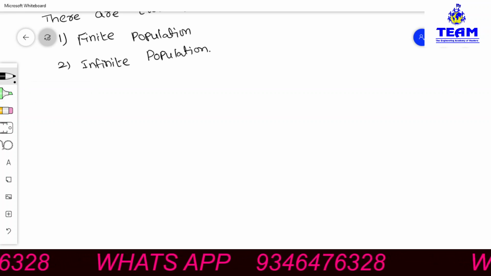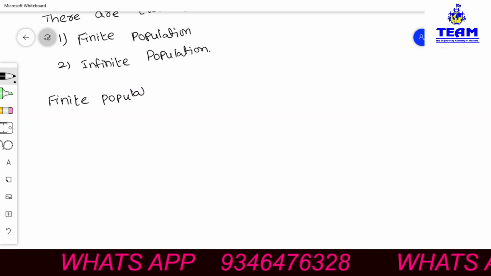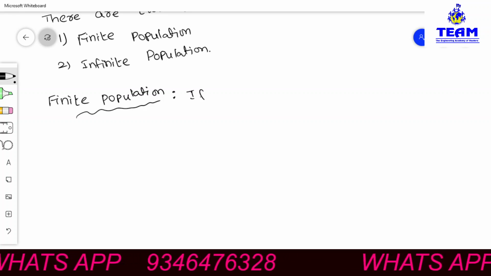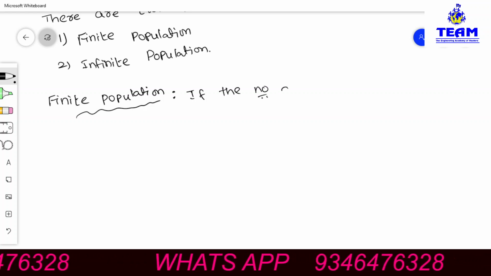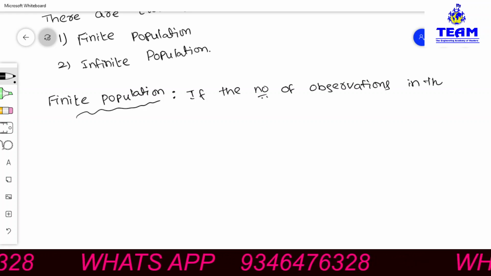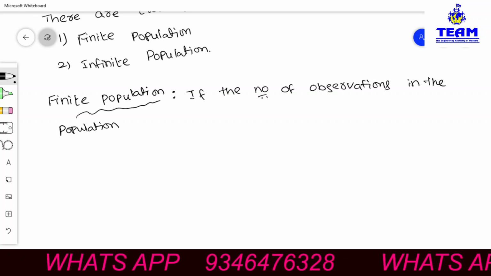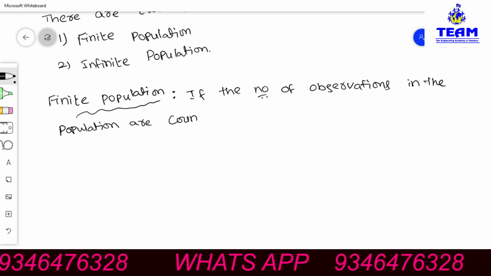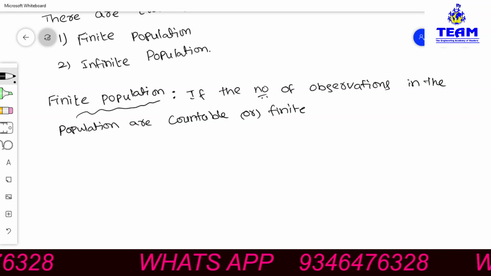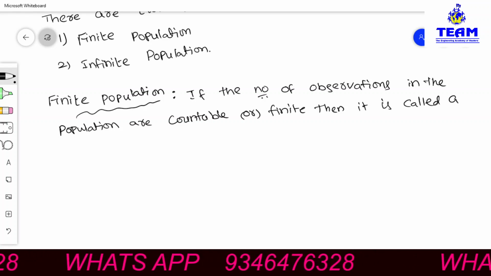So, finite population can be defined as if the number of observations in the population are countable or finite, then it is called a finite population.